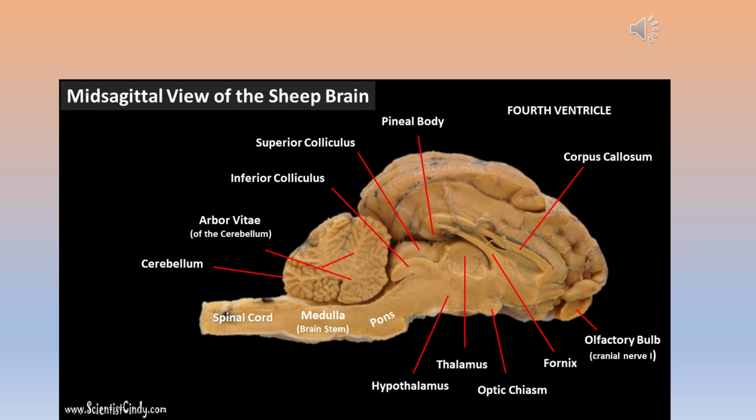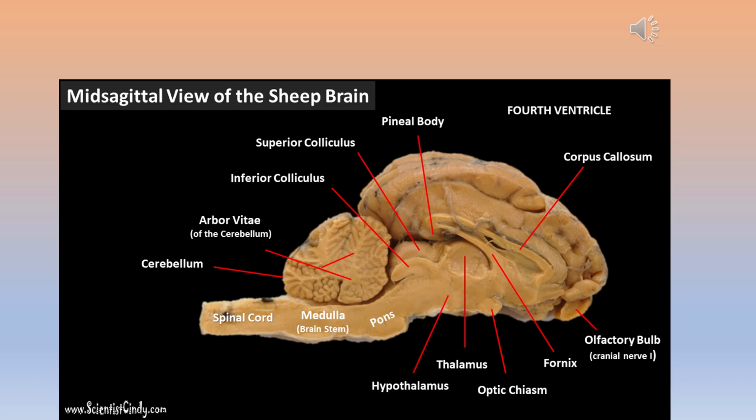So the corpora quadrigemini, located in the tectum of the midbrain, the two superior colliculi in the visual pathway, the two inferior colliculi in the auditory pathway. Okay, another obvious structure that is pointed to there, we will have to go into greater detail than this. That is the corpus callosum.